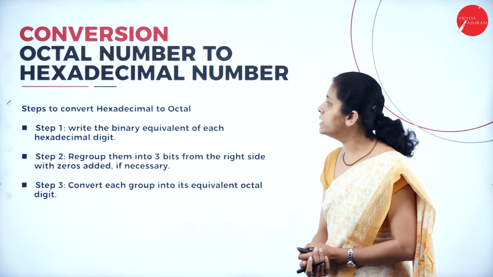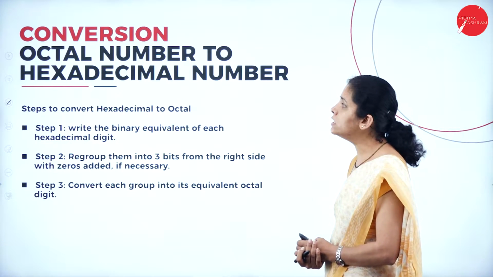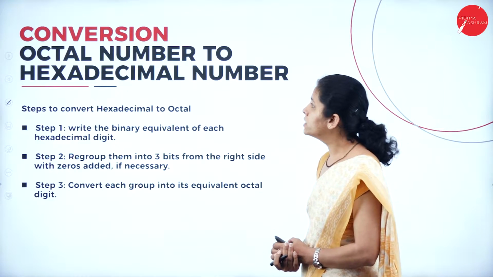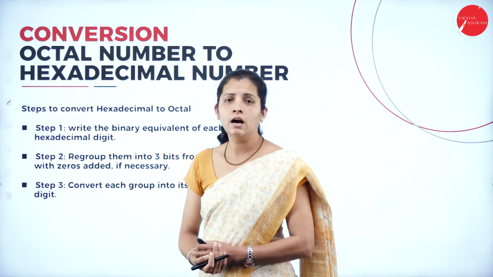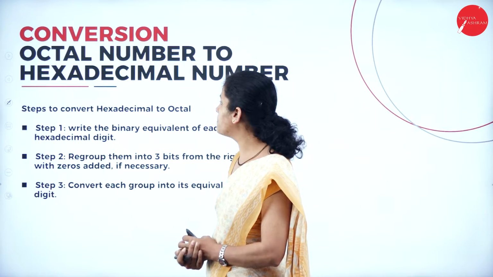Now, dear student, I'm going to do the conversion from hexadecimal number to octal number. So here I have a hexadecimal number and I want to convert that to octal. So what is the step?